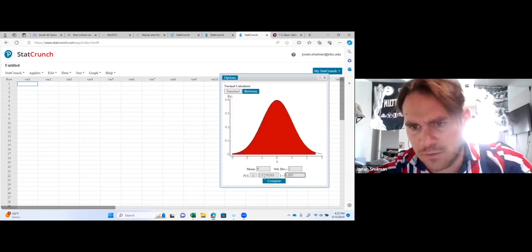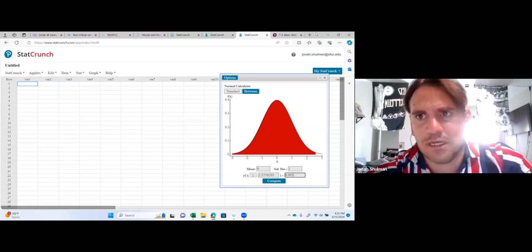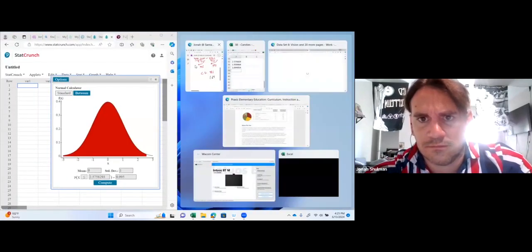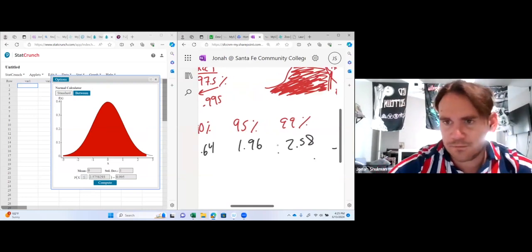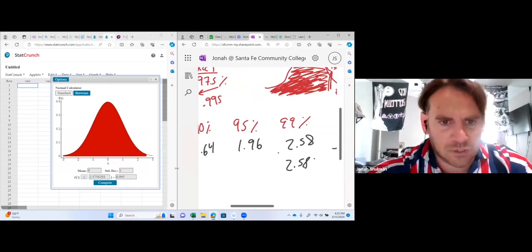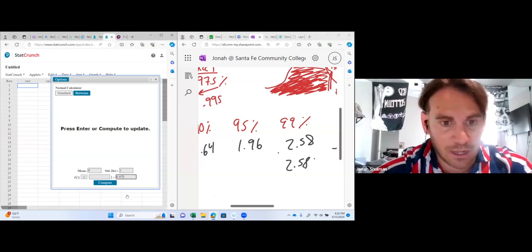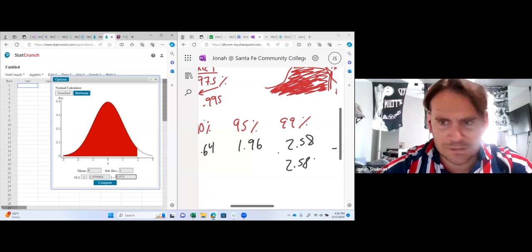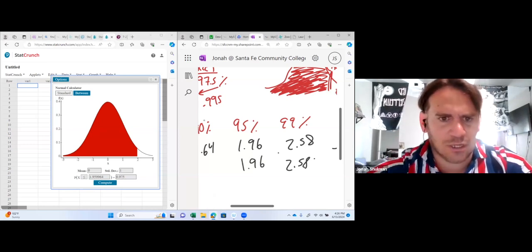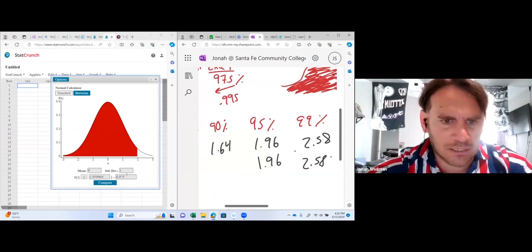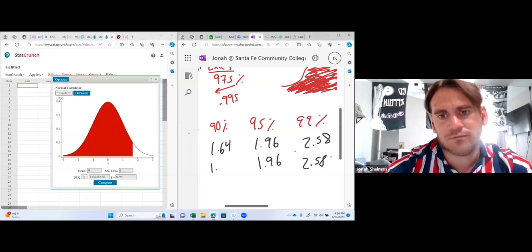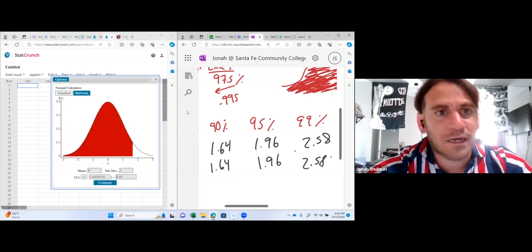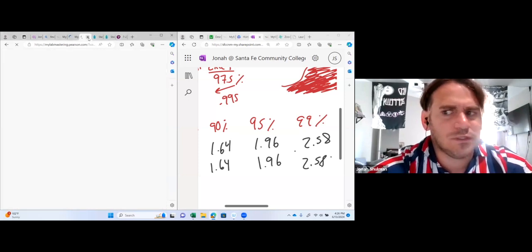I got 2.58. Let's make sure that's a match. 2.58. That looks beautiful. Let's change this to 95%, which is really 0.975. And I have 1.96. It's a match. Then for 90%, I need 0.95, and that gives 1.64. Awesome.